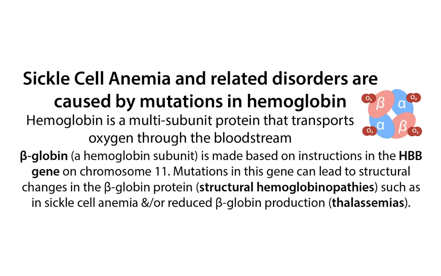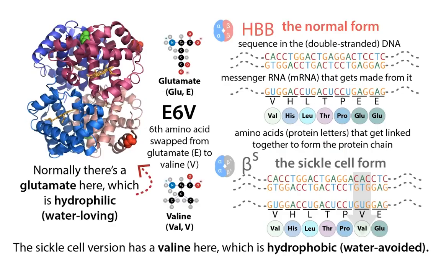So there are different types of disorders that involve hemoglobin, but we're going to be focusing in this video on sickle cell anemia, which is kind of the classic example. In this you have basically this beta S, and you end up with this HbS, which is the notation for that full hemoglobin containing one of those beta S subunits.